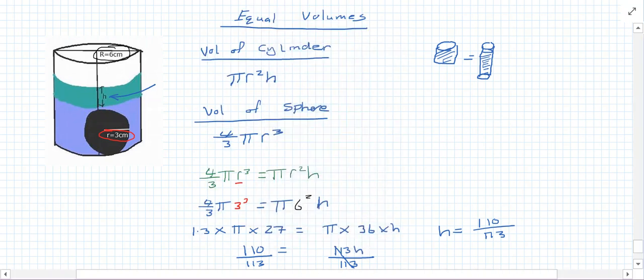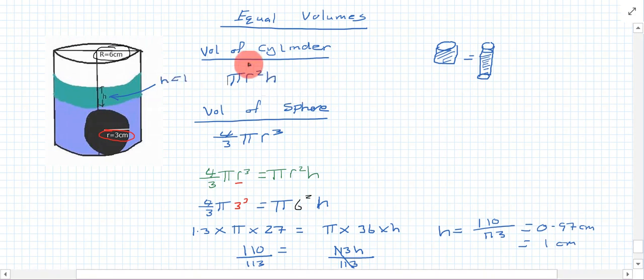We can just round that up to 1. So it's equal to 0.97, let's say centimeters, and we can just round it up to 1 centimeter. So what we've done is we found out that h is equal to 1.